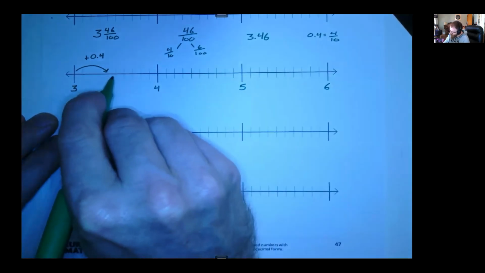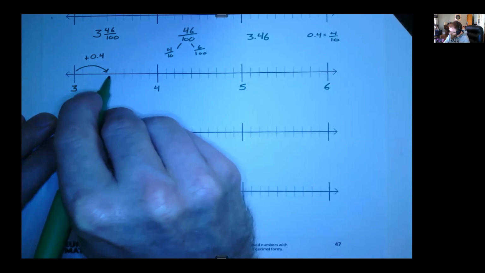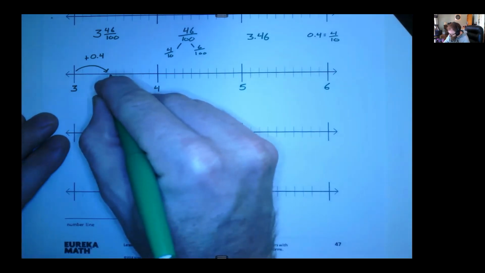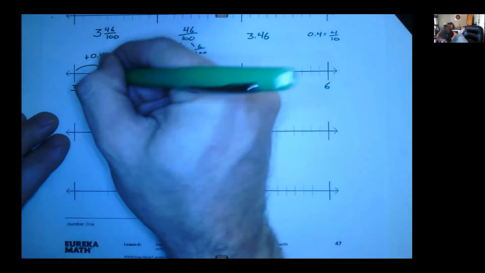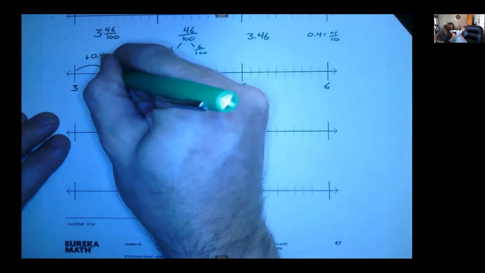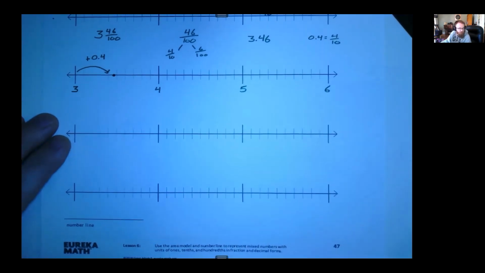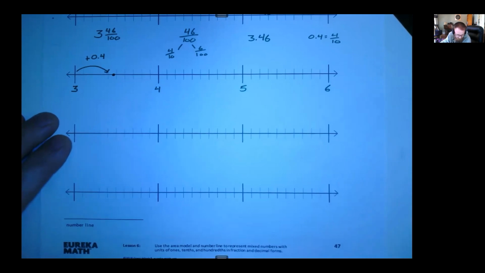There are 10 hundredths in that space. And if there are 10 hundredths in here, and we are representing 6, 5 hundredths would be right in the middle. So 6 hundredths will be just a little bit further than the middle. Again, it's very hard to show these small amounts, but that's an accurate location.